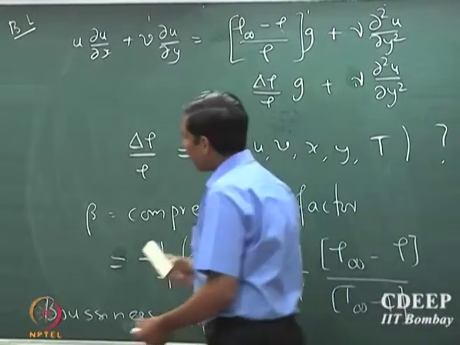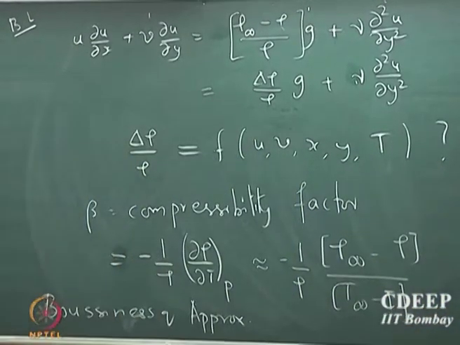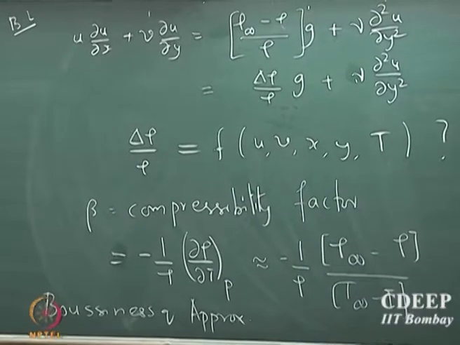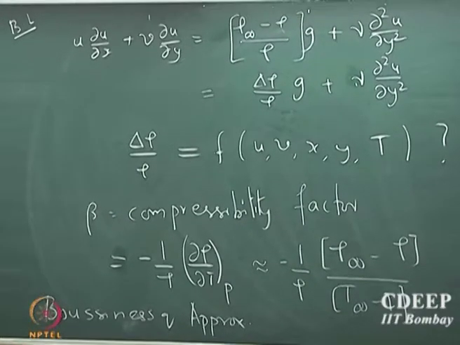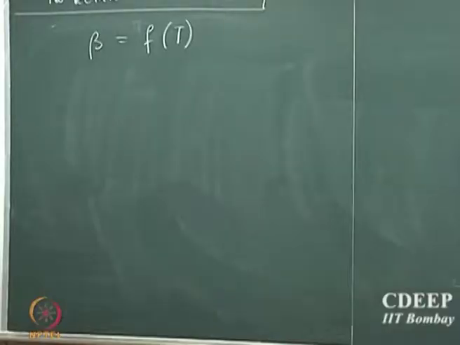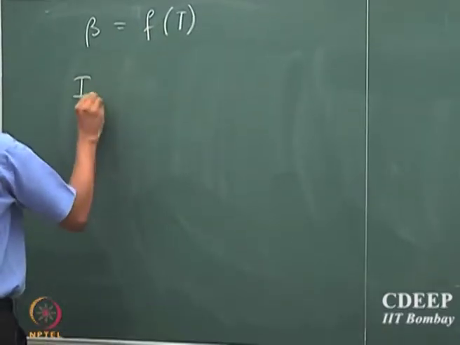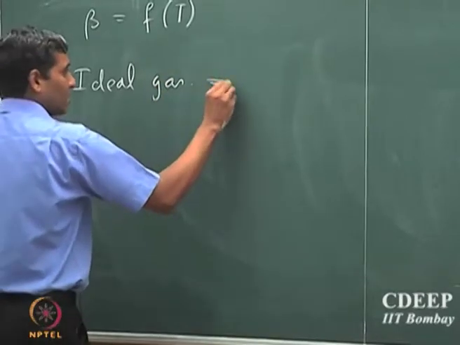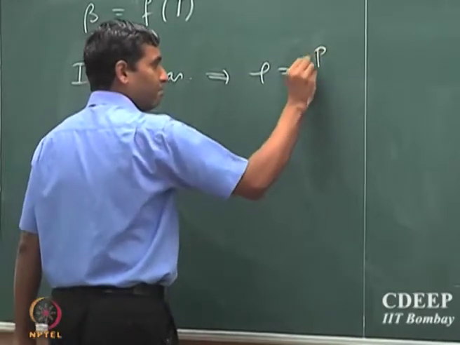Now just to get a feel of how this compressibility factor plays an important role, obviously the compressibility factor itself is a function of temperature. Suppose we say it's an ideal gas, so rho is given by P by RT.